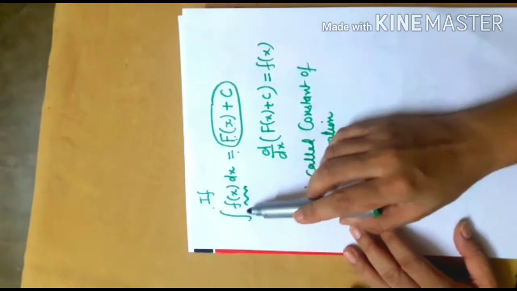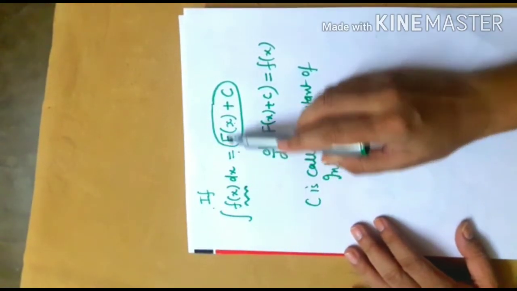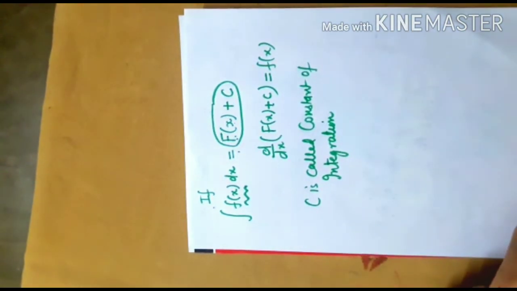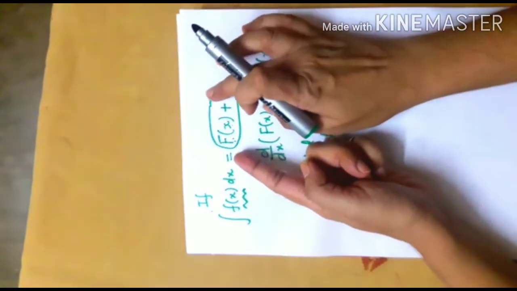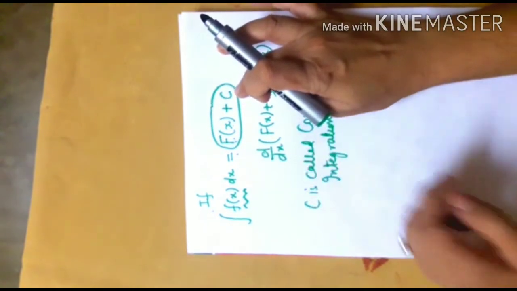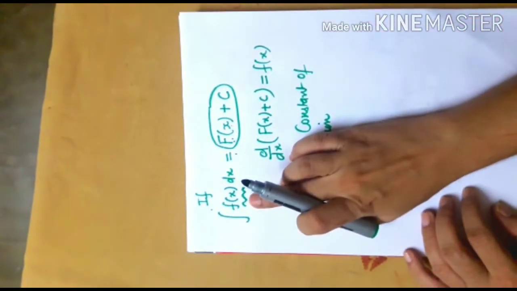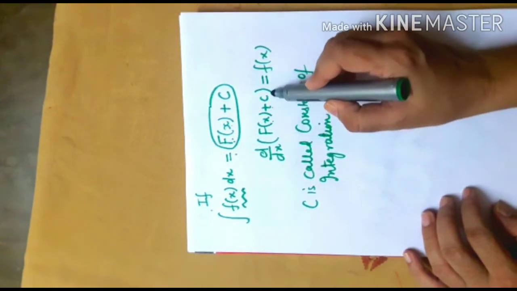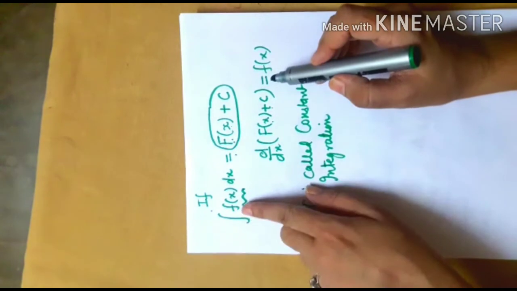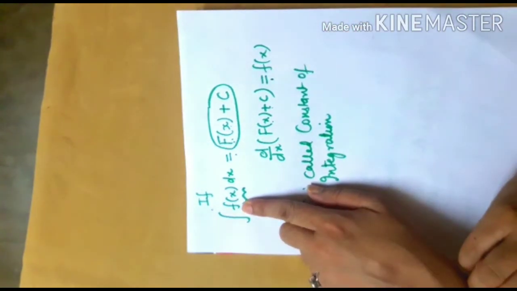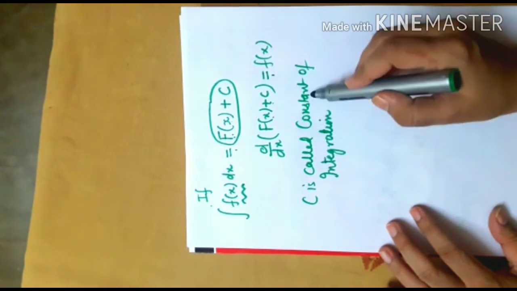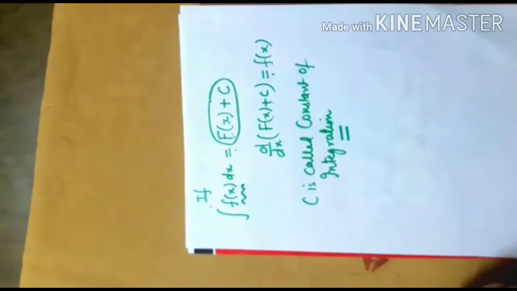So if integral f(x) dx is equal to capital F(x) plus c, this means that this is the collection of all the antiderivatives of this function. That means d by dx of F(x) plus c will be equal to the small f(x). Here c is called the constant of integration.